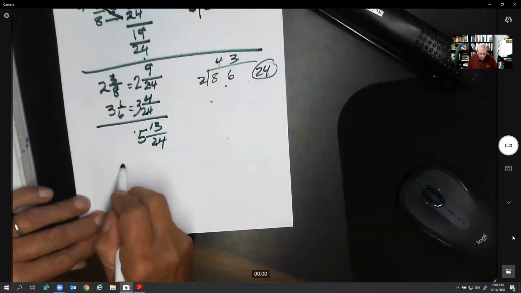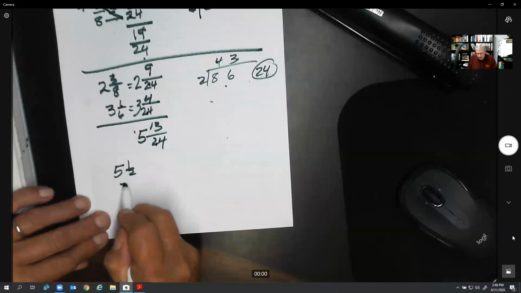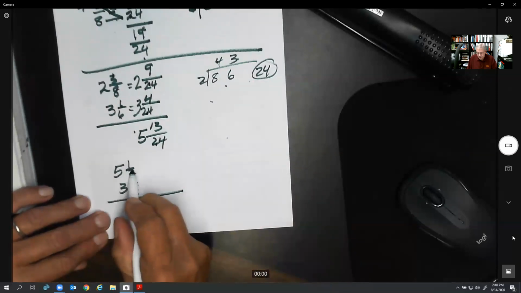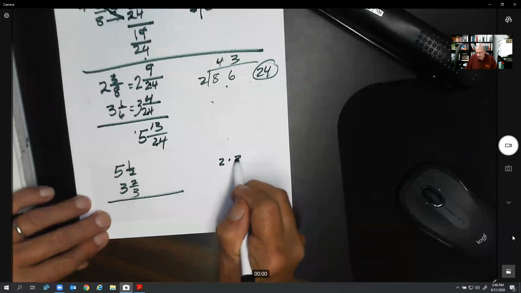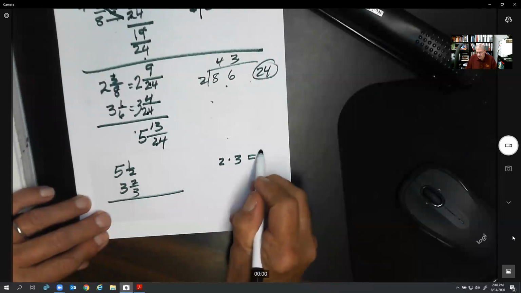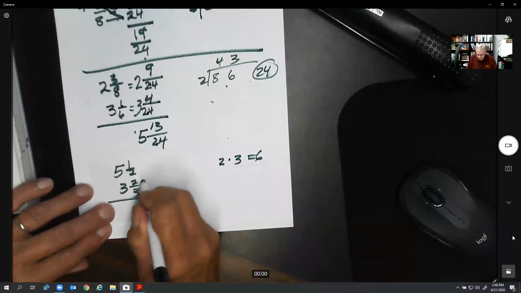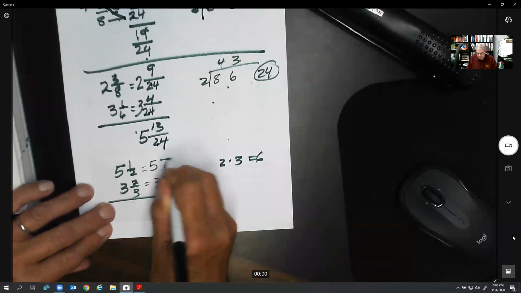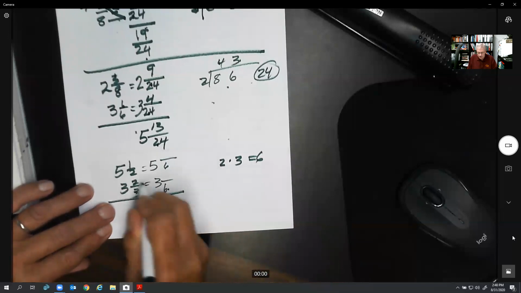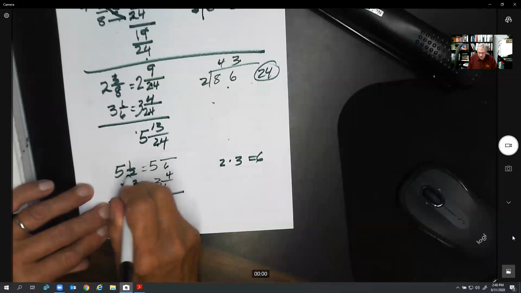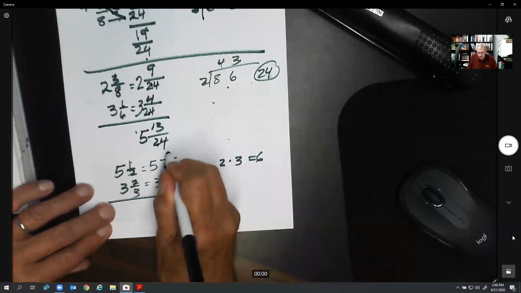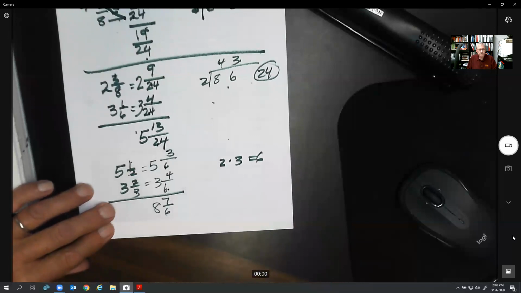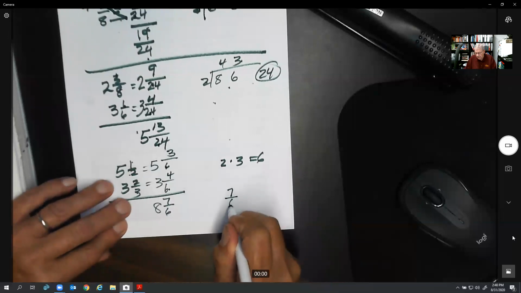Okay, what if you had something like 5 and 1/2, 3 and 2/3? Okay, 2, 3. Nothing goes into them, so just times them. 6. Bring over the whole numbers, 6. 3 into 6, 2. 2 times 2, 4. 2 into 6, 3. 3 times 1, 3. 8 and 7/6. 7/6 improper.